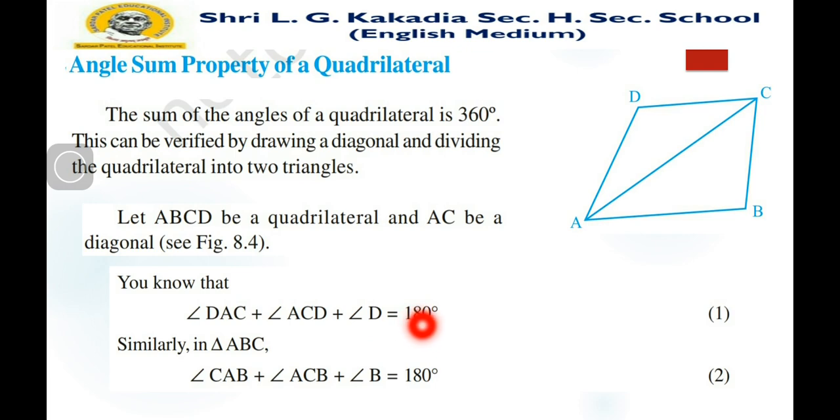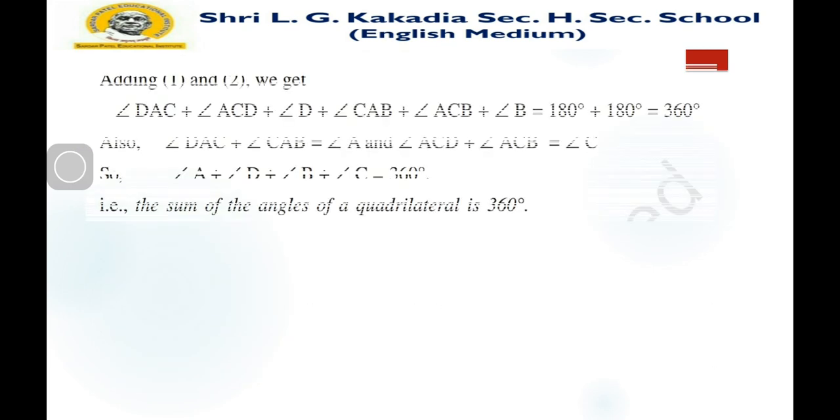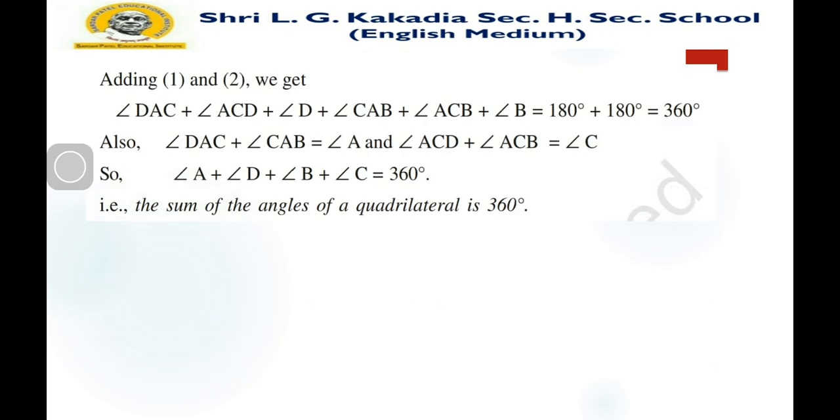Now we take the sum of both equations. Adding equation 1 and 2, we get angle DAC plus angle ACD plus angle D, plus angle CAB plus angle ACB plus angle B, which is equal to 180 plus 180, that is 360.